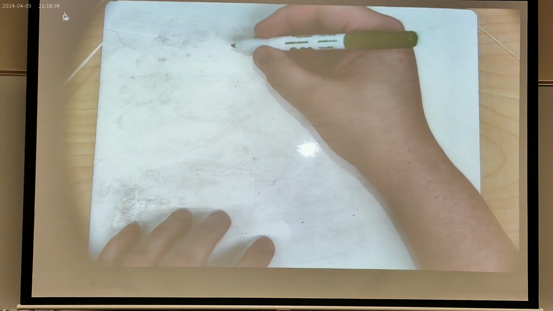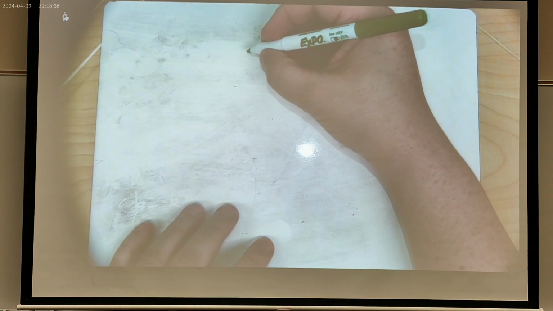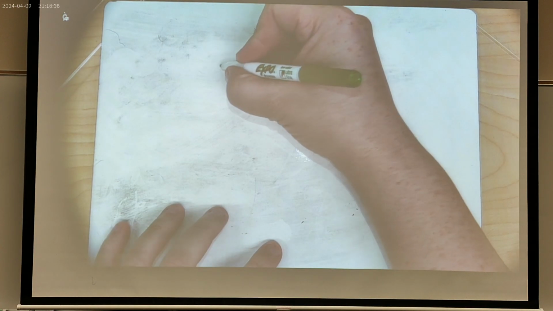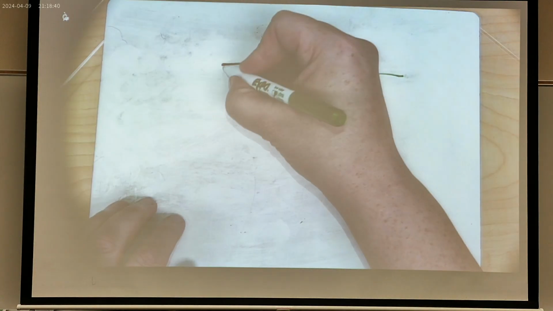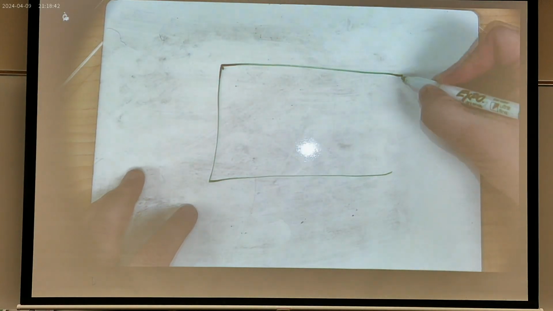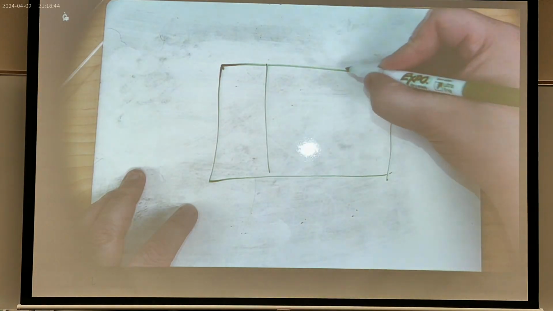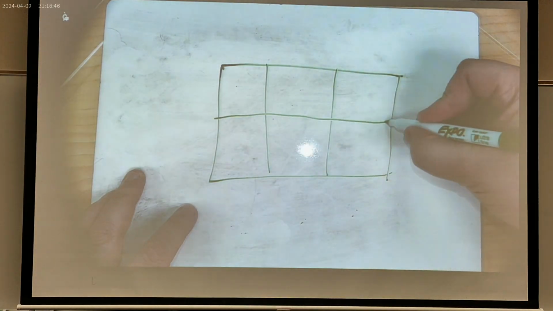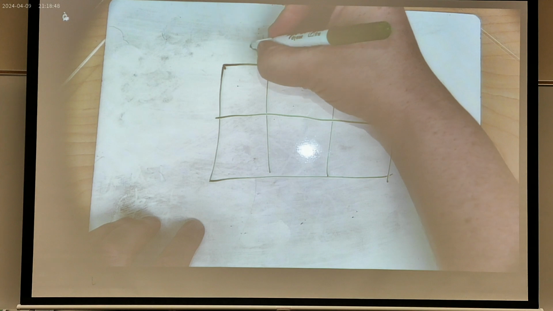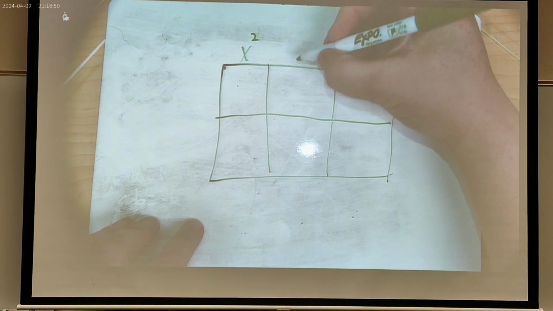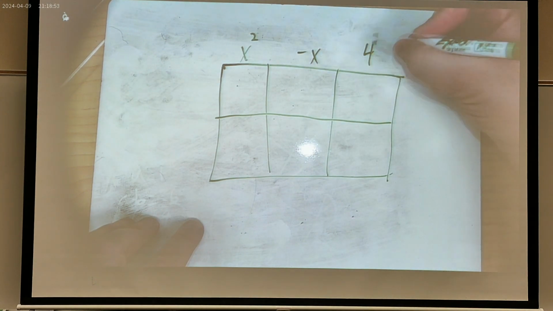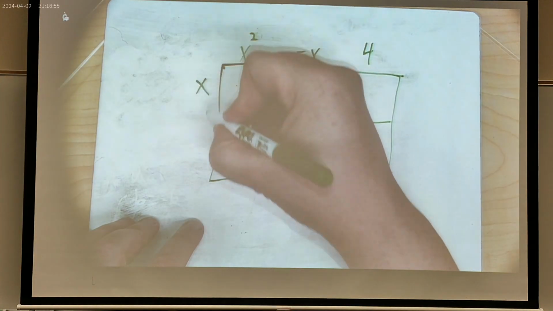So I've got x plus 2 times x squared minus x plus 4. So that gives me x squared minus x plus 4, and then x, and then 2.